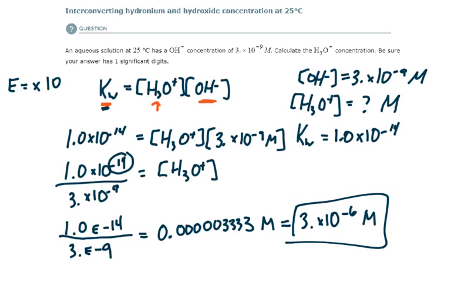So once again, we know that for pure water at 25 degrees Celsius, this is 1 times 10 to the minus 7, and this is 1 times 10 to the minus 7, and this is 1 times 10 to the minus 14, right? Well, in this solution, the hydroxide ion concentration is not 1 times 10 to the minus 7 molar. It's different.